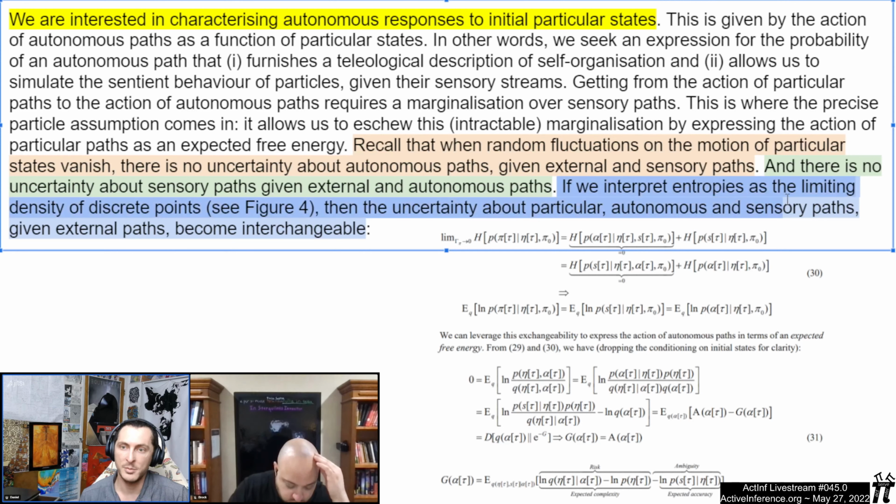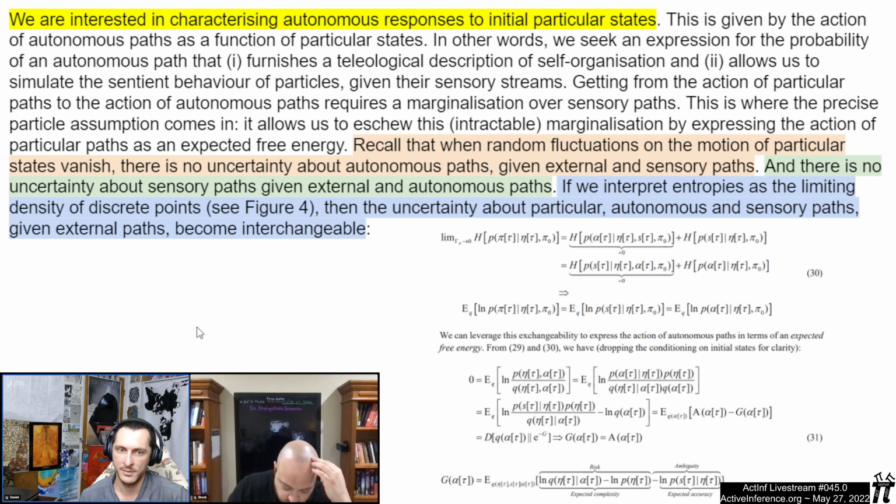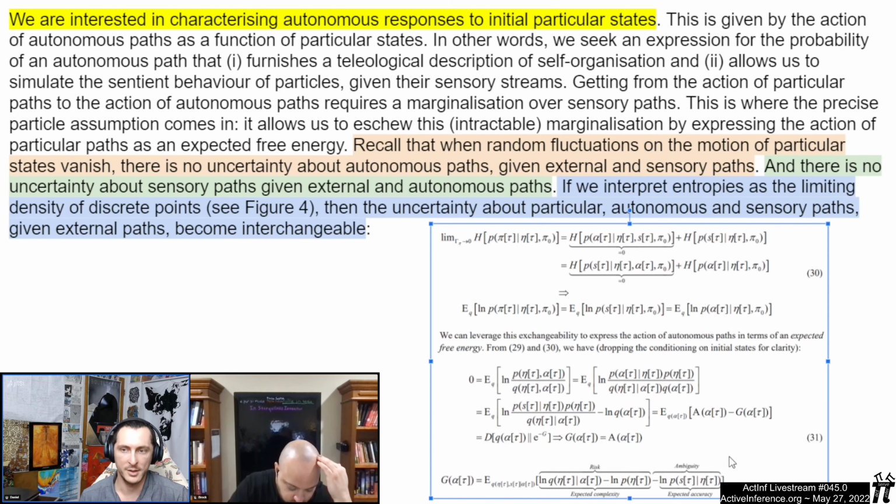If we interpret entropies as the limiting density of discrete points, figure 4, then the uncertainty about particular autonomous and sensory paths given external paths become interchangeable. Formalism 30. Formalism 31. Expected free energy.